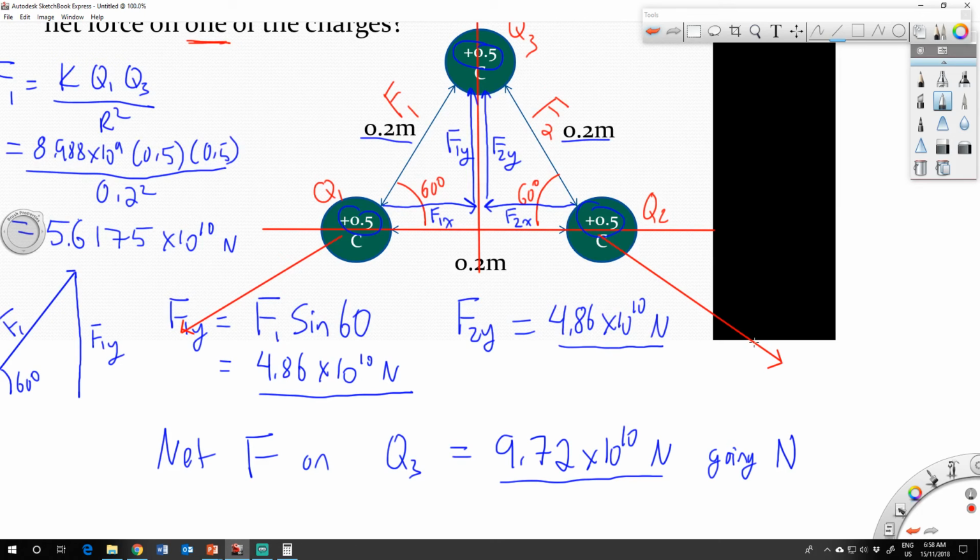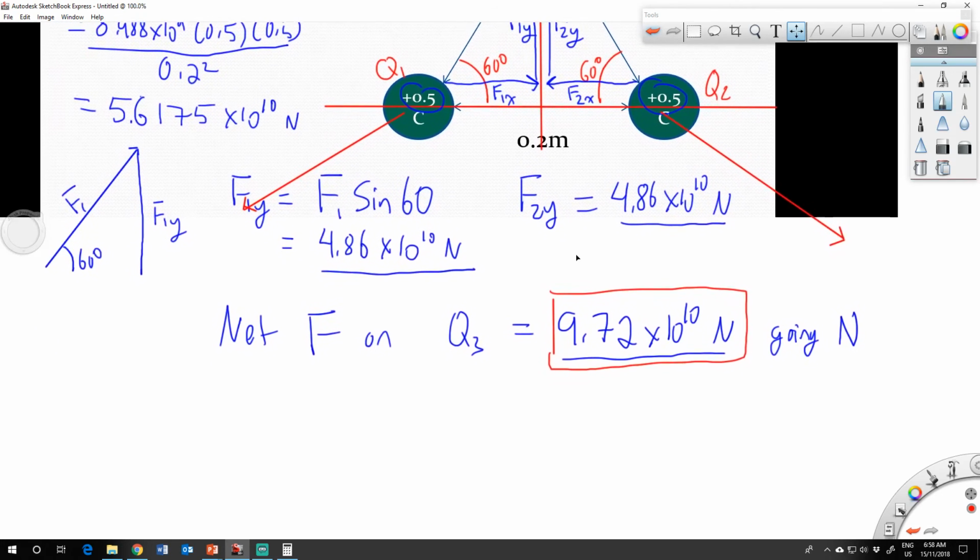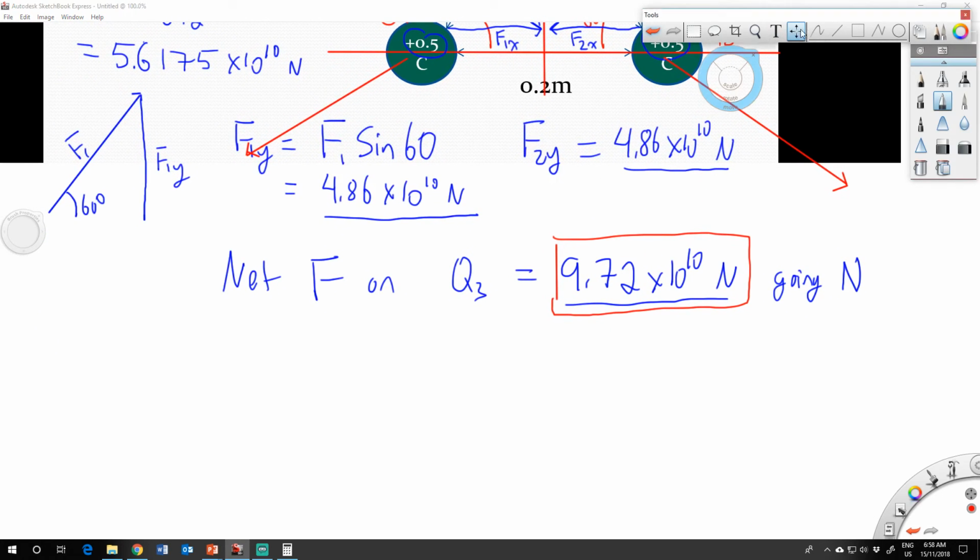The magnitudes of these two forces would be the same as this one, but it just requires more trig to figure out the exact direction. All right, on to the next example.